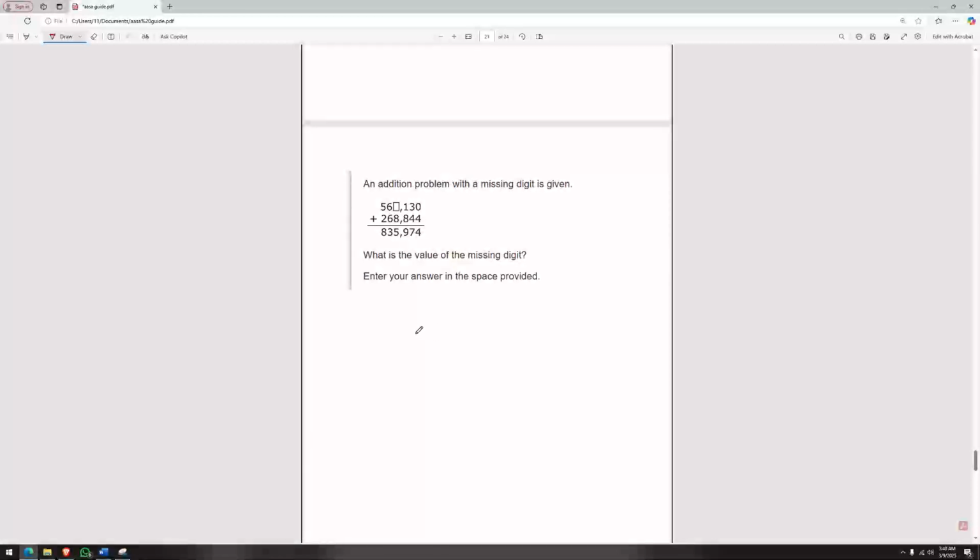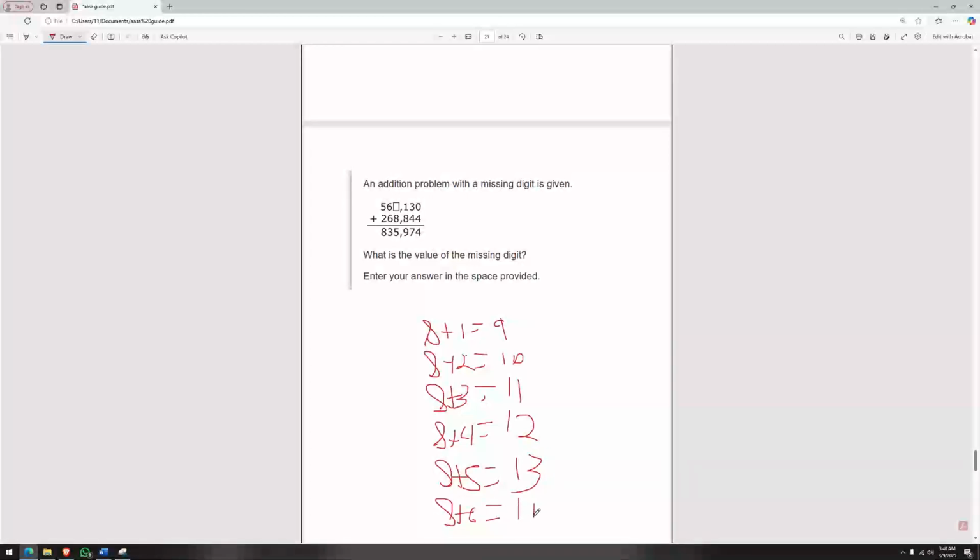Now, 8. 8 plus, vamos a hacer one by one. 8 plus 1, 9. 8 plus 2, 10. 8 plus 3, 11. 8 plus 4, 12. 8 plus 5, 13. 8 plus 6, 14. 8 plus 7, 15. A ver, aquí ya tenemos 5, 15.